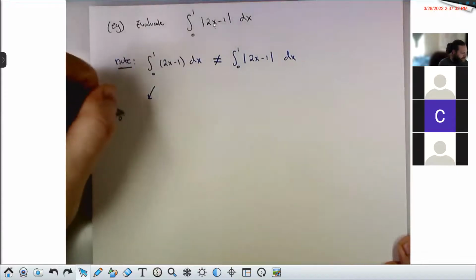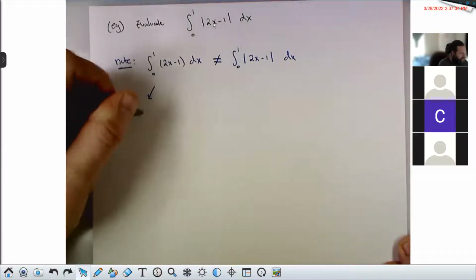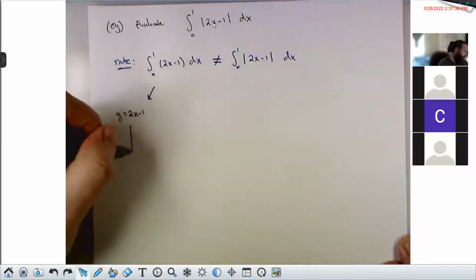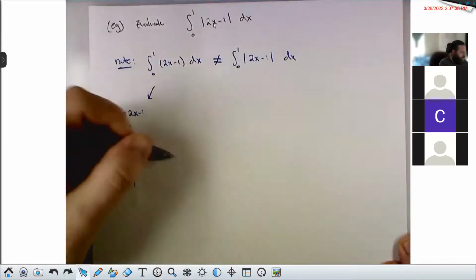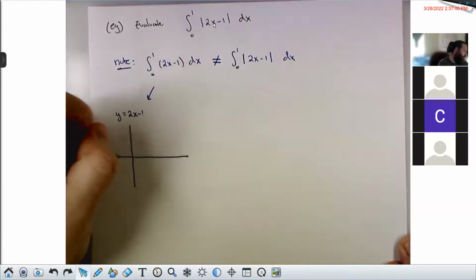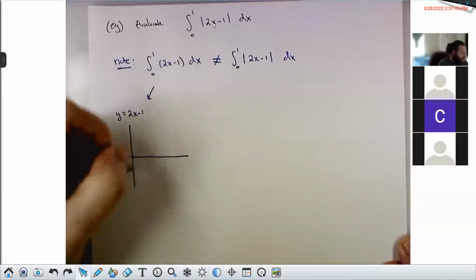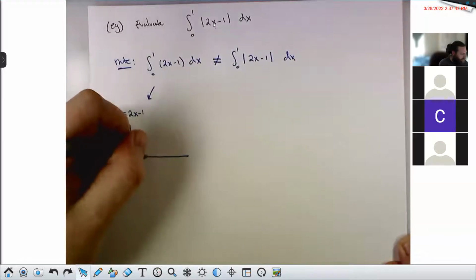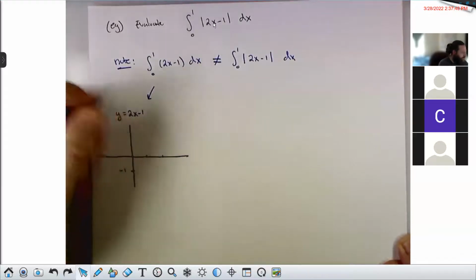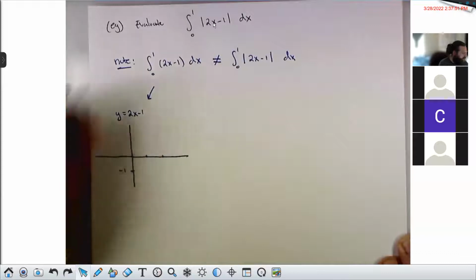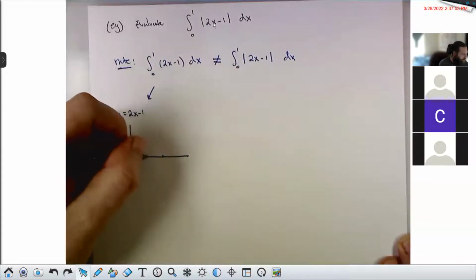Here I can draw the graph y equals 2x minus 1. That's a line with slope 2 and y-intercept negative 1. So when is it equal to 0? It's equal to 0 when x is 1/2.